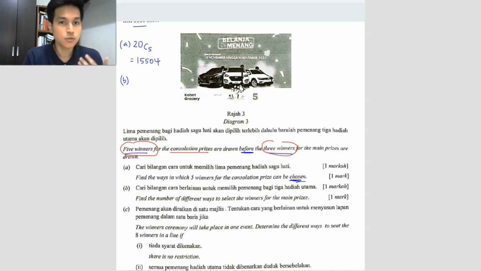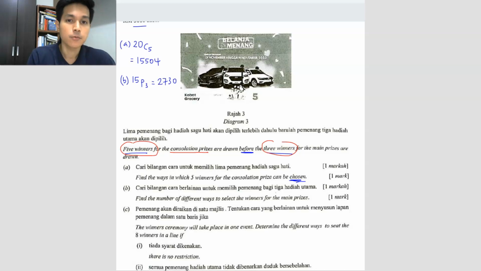So when they choose the 5, all there is left is 15 more people only, right? So 15 people, you have to pick 3 of them. So your answer is 2730.